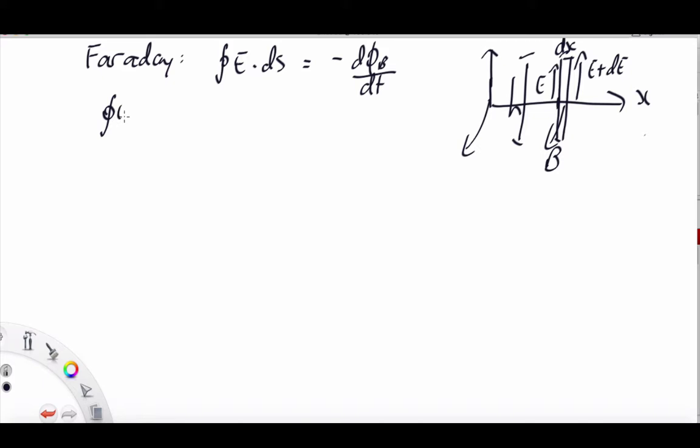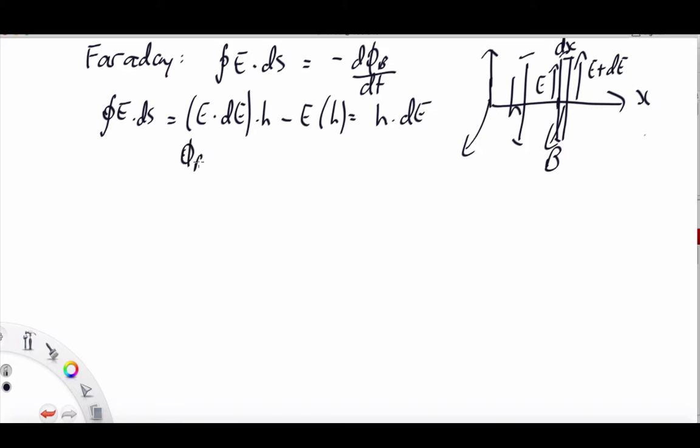So we'd simply have that the integral of E ds is going to be the electric field times that height minus the electric field on the left times the height, and that just is the height times the difference between the fields.